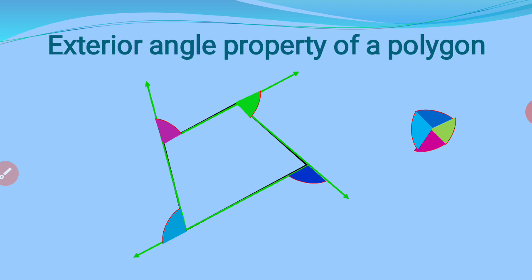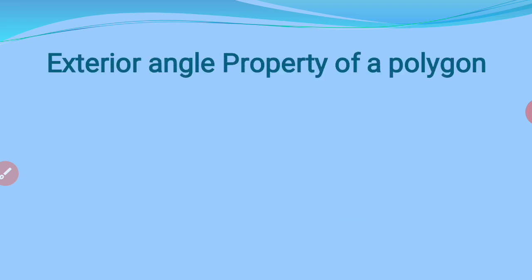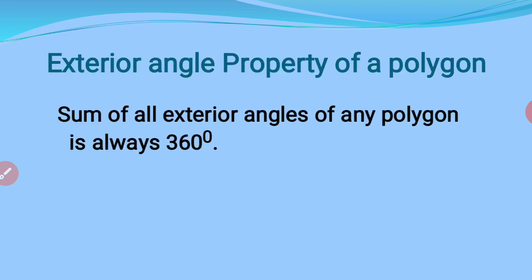A complete circle is made. That means the sum of all the exterior angles comes out to be 360 degrees. This is what we conclude: the sum of all exterior angles of a polygon is 360 degrees.